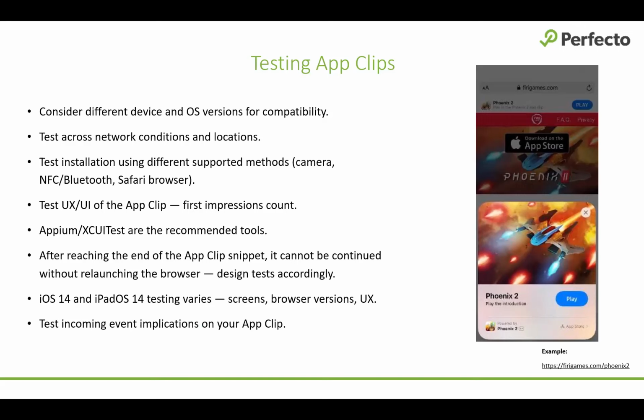Okay, we are not just doing manual testing. Obviously, we want to automate. So how do you automate these kind of things? Because this is not a native app, it's kind of a browser-based application, so you need to consider Appium and XCUITest as part of your automation tools, and deal with incoming events while you're using this app clip, and many more.